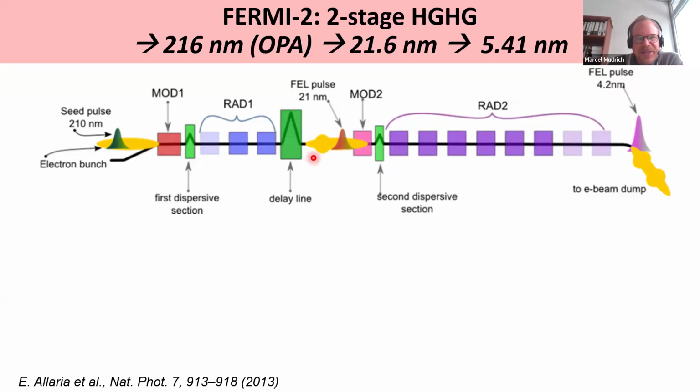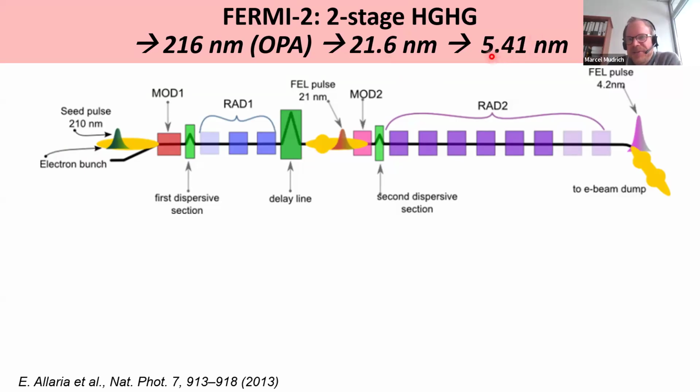And so the benefit is that the jump from the seed, let's say 216 nanometer OPA radiation here, that's the external pulse that we inject, we convert it into 21.6 nanometer, so going to the 10th harmonic, which is already quite a step. But by adding this second stage, we can, I think this is the 4th harmonic of the 10th harmonic, go down to 5.4 nanometer.